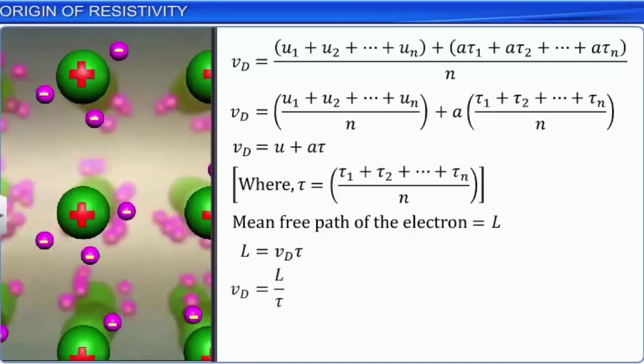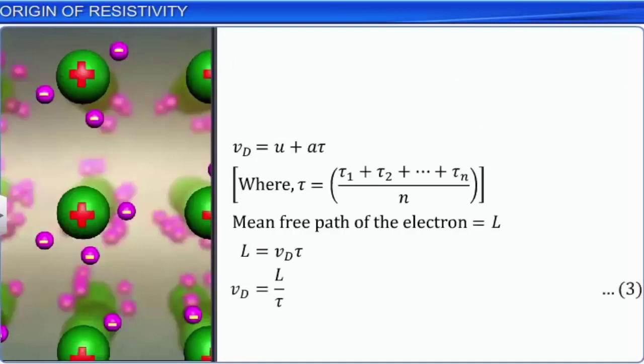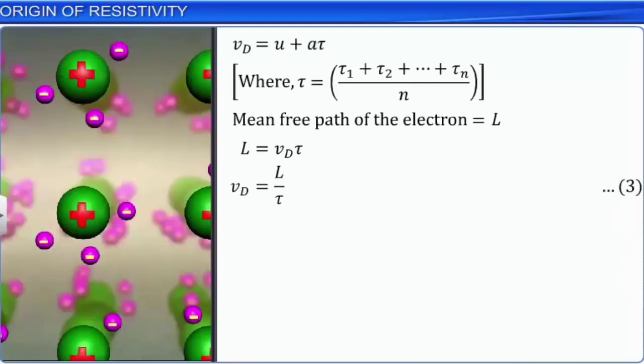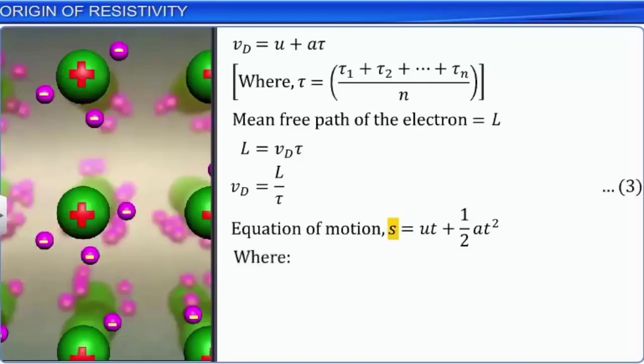We also get L using the equation of motion S is equal to ut plus half at square in kinematics, where S is the displacement, u is the initial velocity, a is the acceleration, and t is the time.